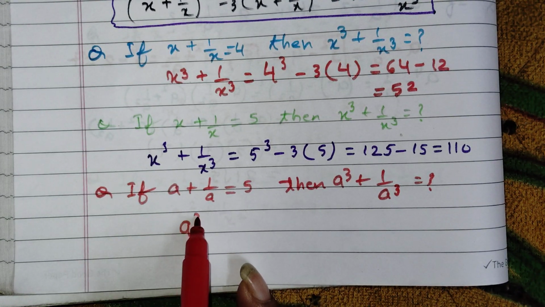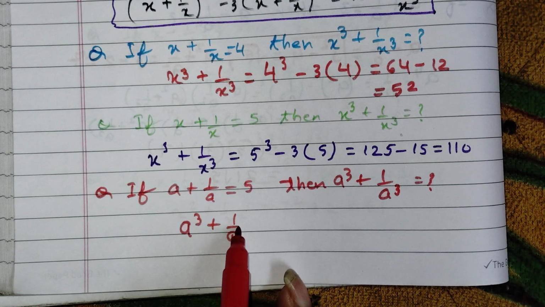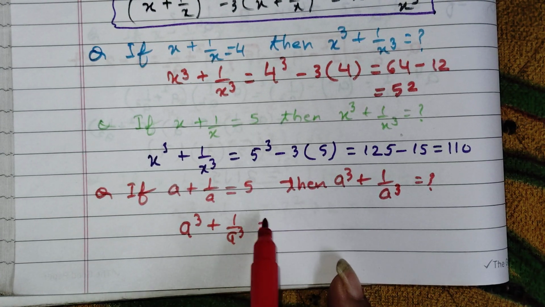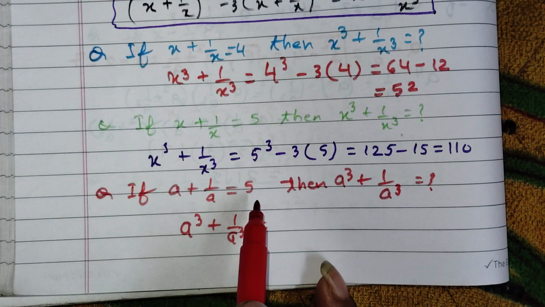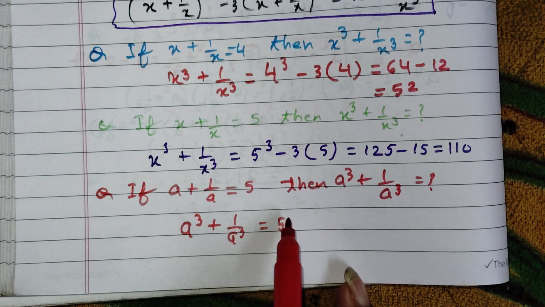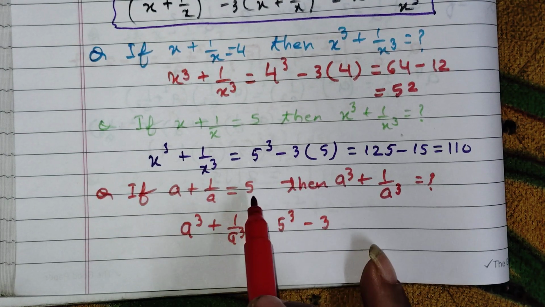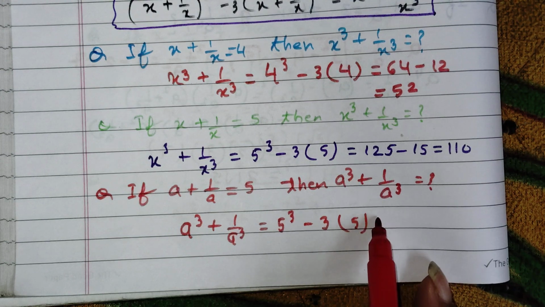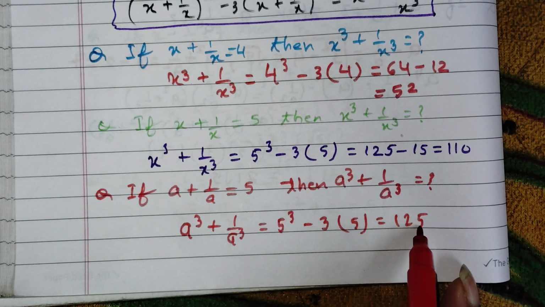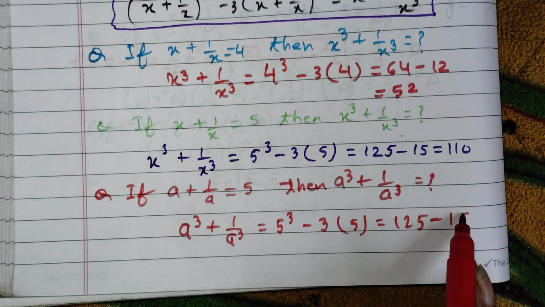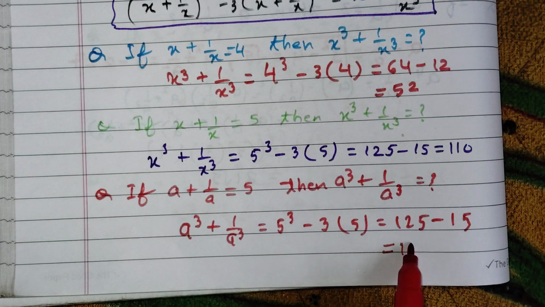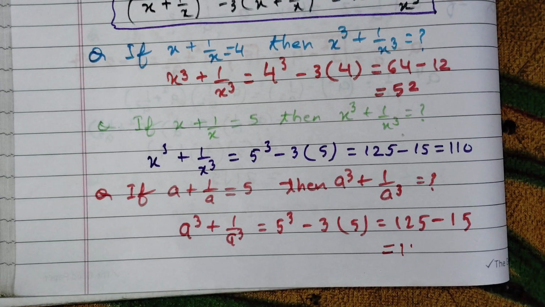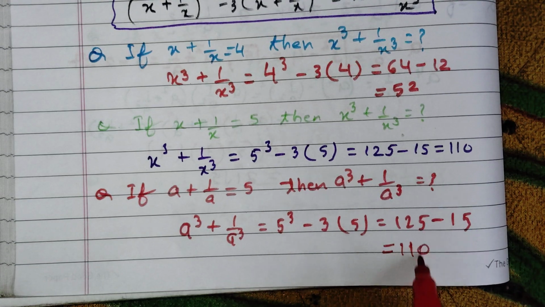So a cube plus 1 upon a cube equals, according to our identity, first we find the cube of this number 5. So 5 cube minus 3 times this number 5. 5 cube is 125, minus 3 times 5 is 15. And we get 110 again, as in the previous question we have obtained.